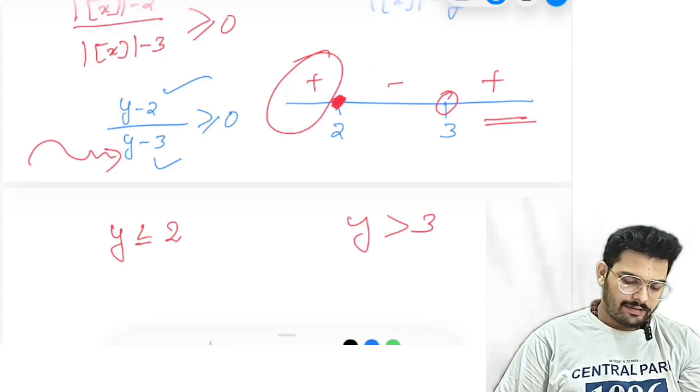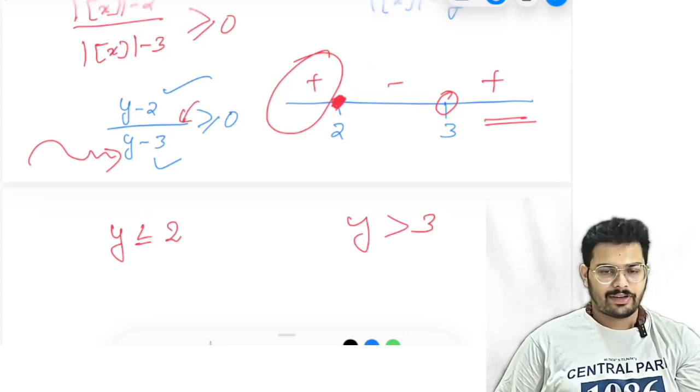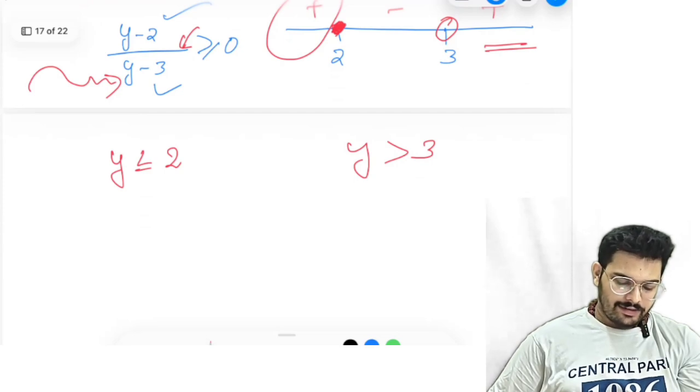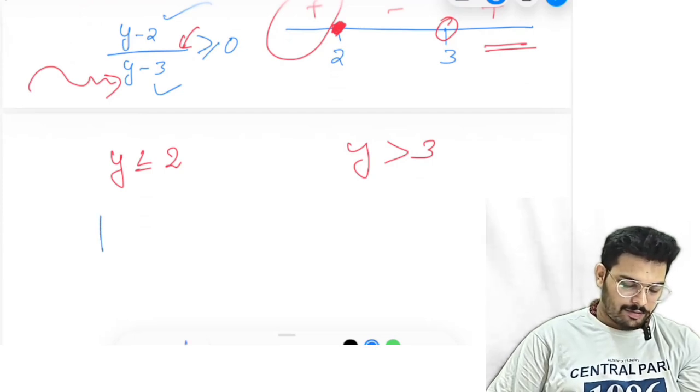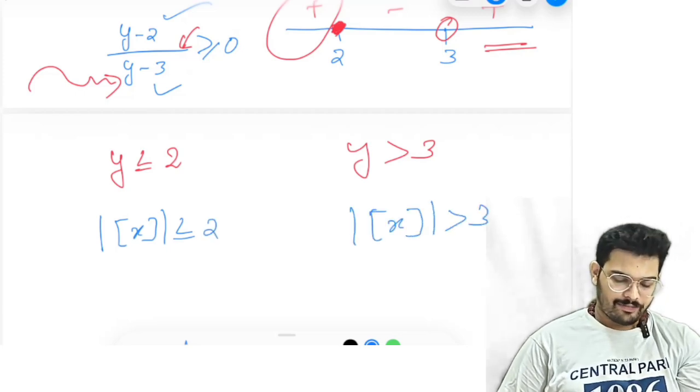Because we have the greater than sign over this expression, that's why we took the positive sign. Now actually the y value is mod of box of x less than or equal to 2 and mod of box of x greater than 3.